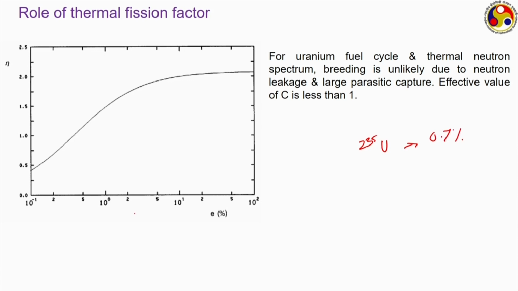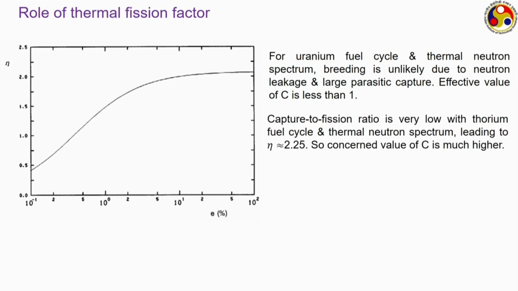So, if we look at this diagram, the corresponding value for uranium 235 is somewhere here, which is around 1.3. For uranium fuel cycles which operate on a thermal neutron spectrum, such breeding is very unlikely, as the neutron leakage can be quite high, there can be significant resonance absorption, and parasitic capture can also be high. So, the effective value of C in thermal fission reactors is generally less than 1.